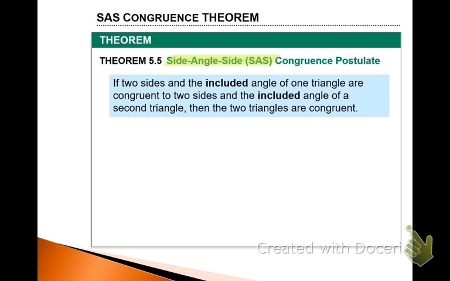It says if two sides and the included angle of one triangle are congruent to two sides and the included angle of a second triangle, then the two triangles are congruent.